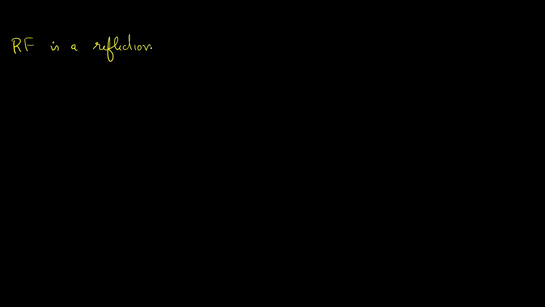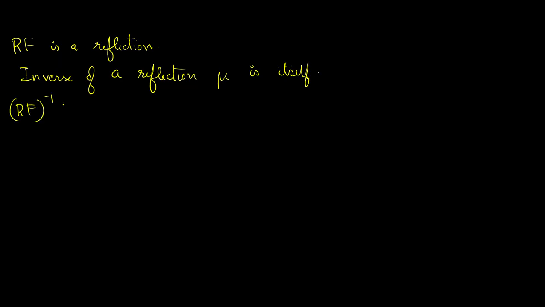All right. Now, what are the properties of reflection? We know that the inverse of a reflection, say mu, is itself, right? So we will have that RF, the whole inverse, will be equal to RF.